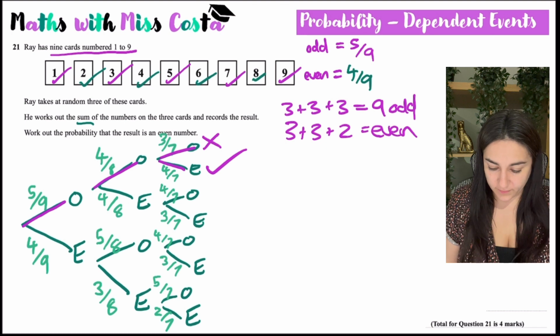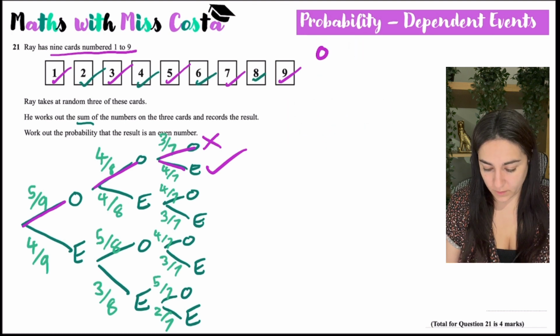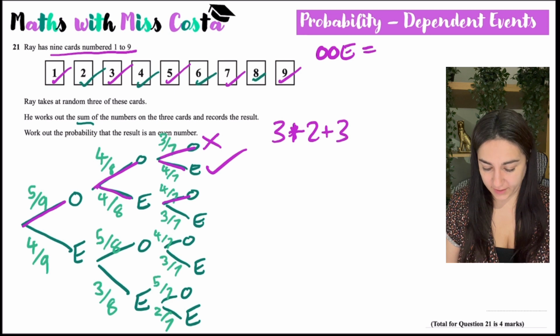So I could record them all over here, which routes I'm going to take. Odd, odd, even. Let's try the next route, odd, even, odd. So once again, let's say 3 plus 2 plus 3, that's 6, that's 8. So that works as well.